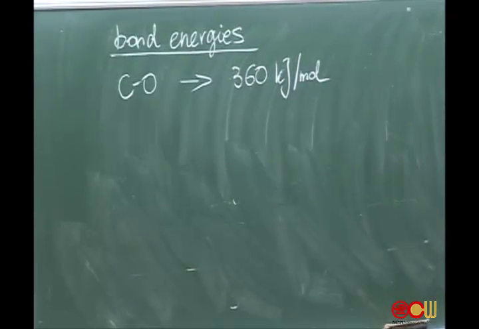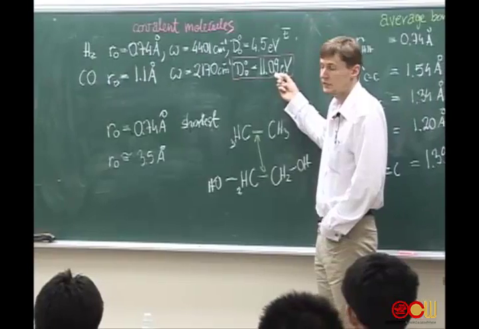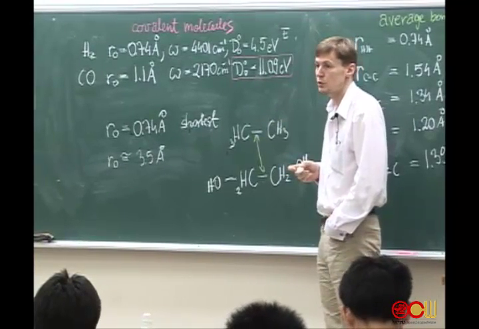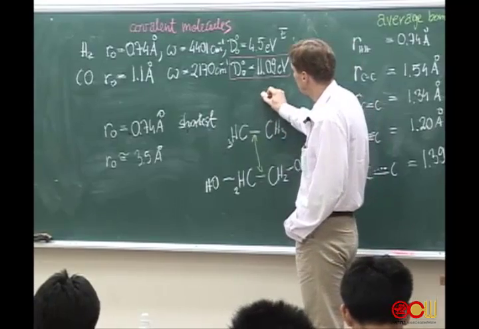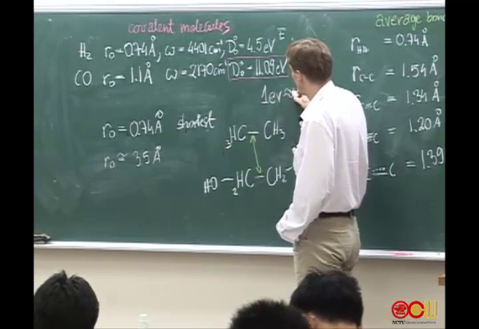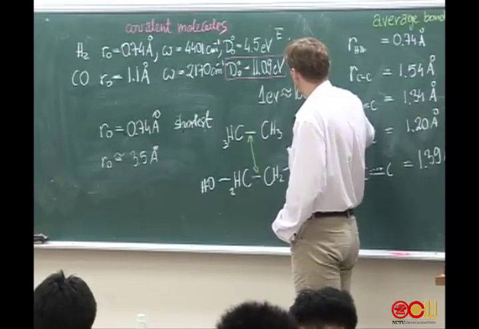The problem is that so far we have been discussing bond energies in electronvolts because that's what the book gives. And now we have another unit, kilojoule per mole, so we have to convert one unit into another. You should remember that 1 electronvolt is approximately 100 kilojoule per mole.